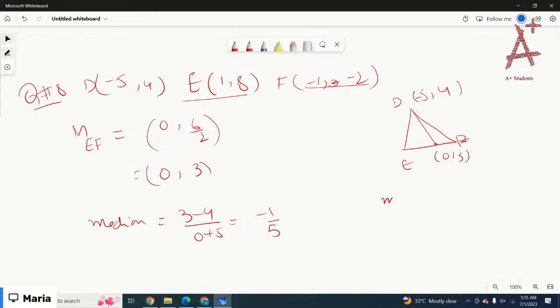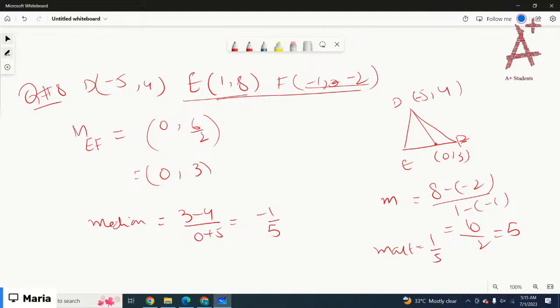That would be 8 minus negative 2 over 1 minus negative 1. It would be 10 over 2, that equals 5. So the slope of the altitude is negative 1 over 5, the negative reciprocal.